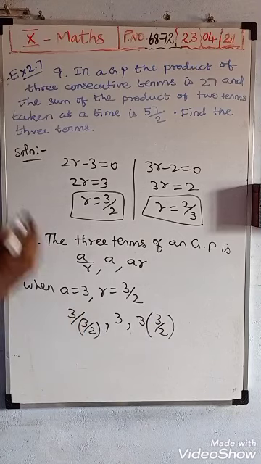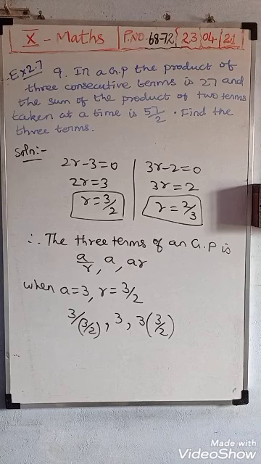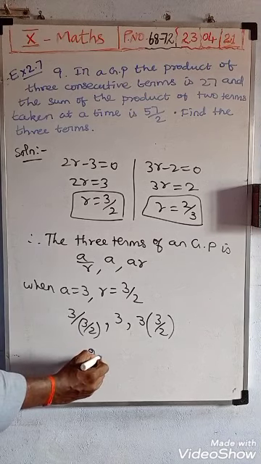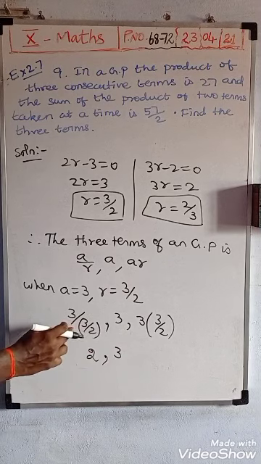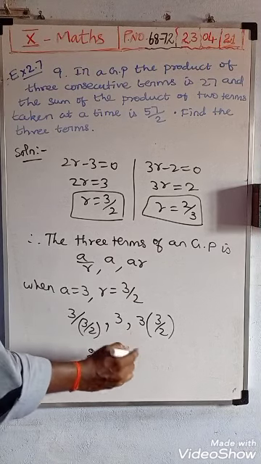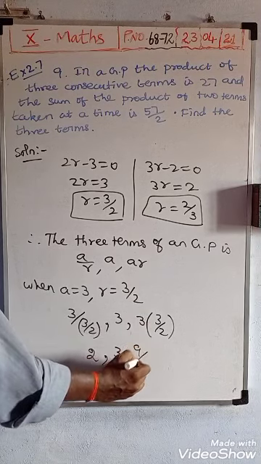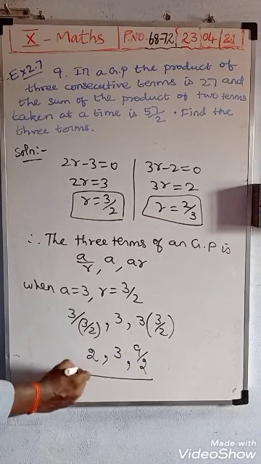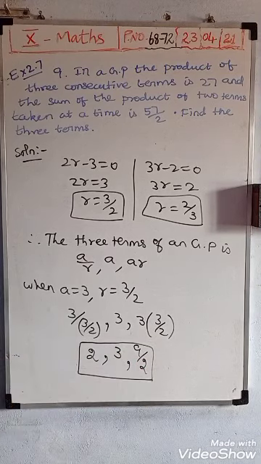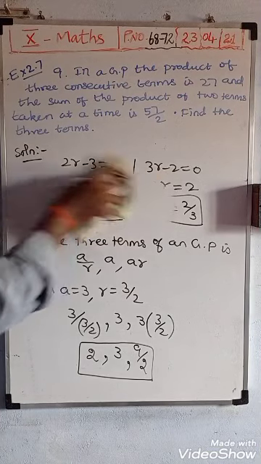This 2 goes to the numerator, then 3 2s are 6, 6 by 3 you cancel and receive 2. Then 2, 3, and 3 3s are 9, so 9 by 2. The three terms are 2, 3, 9 by 2.